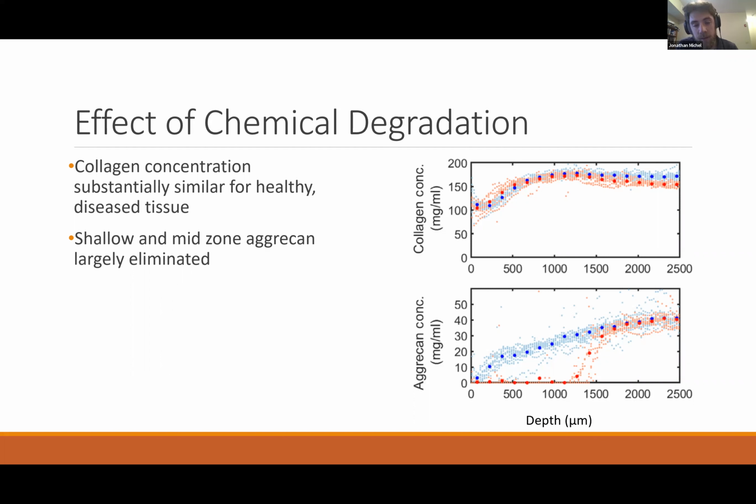You can see in both the healthy and the degraded tissue, the concentration of collagen is substantially similar. So the trypsin largely spares the collagen, but then you can see in the shallow and the mid zones that the degraded tissue now has markedly less aggrecan.